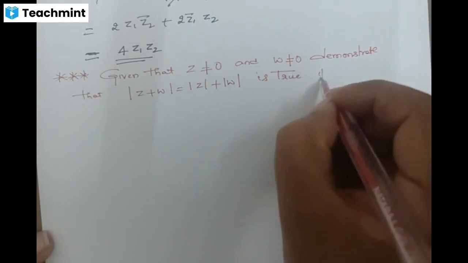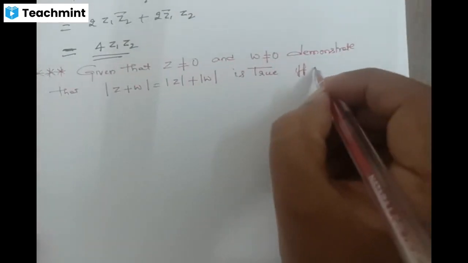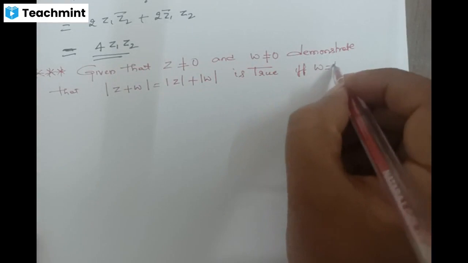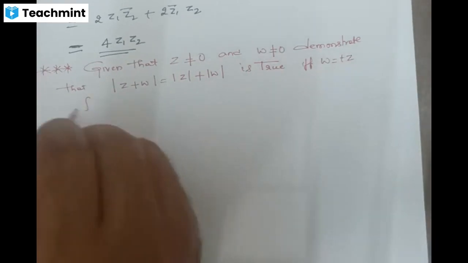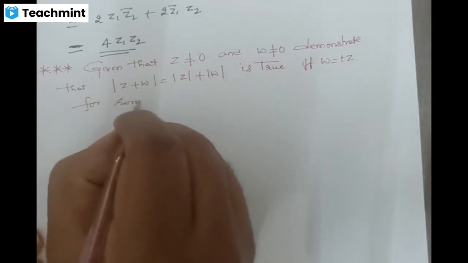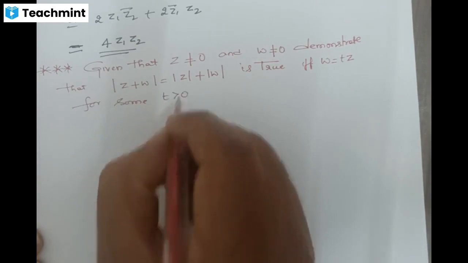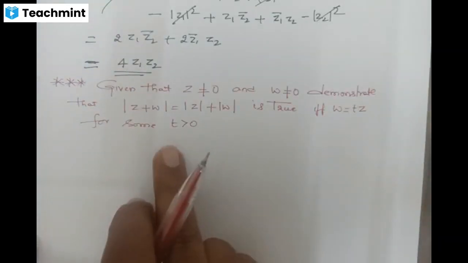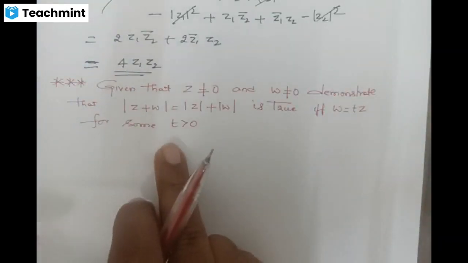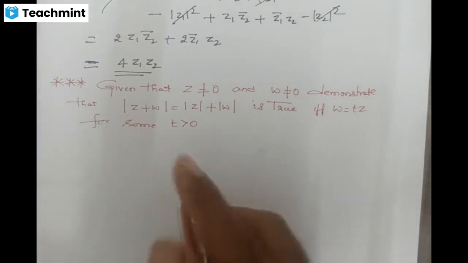It is true if and only if w is equal to t into z for some t greater than 0, meaning t is non-negative and not equal to 0. It should be positive. Okay, so what is that?